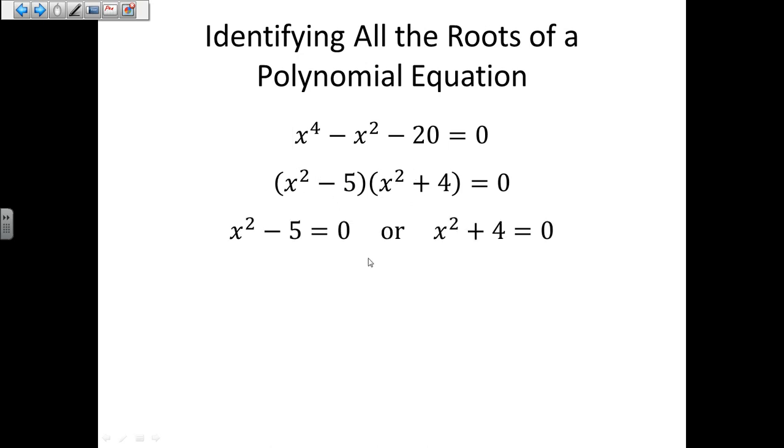Set them both equal to 0. Move the 5 over, take the square root. Move the 4 over, take the square root. I get x equals plus or minus, because they happen in pairs, plus or minus the square root of 5, or plus or minus 2i. So a pair of irrational numbers and a pair of complex numbers.